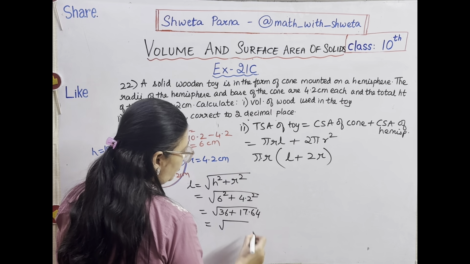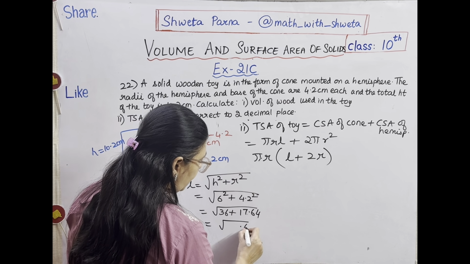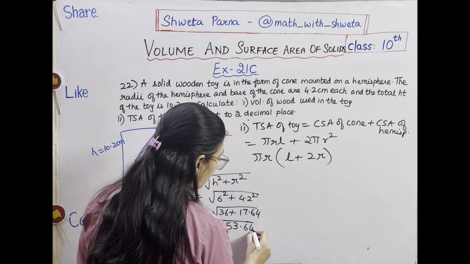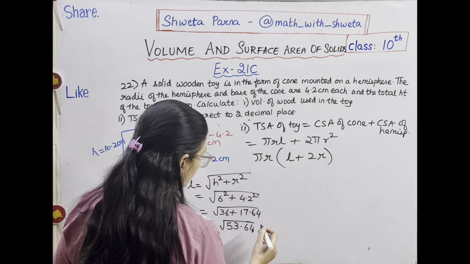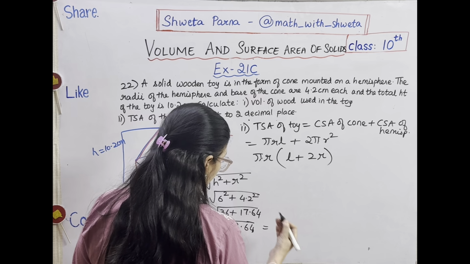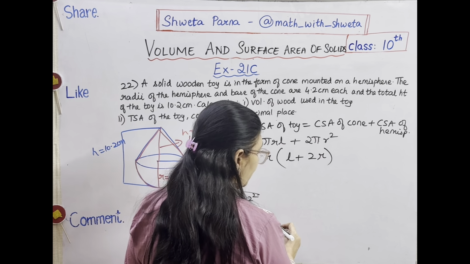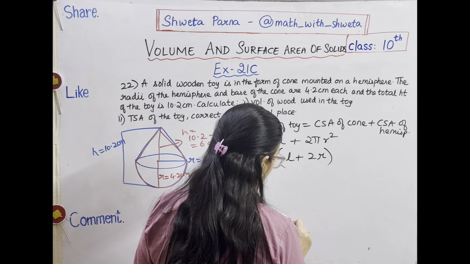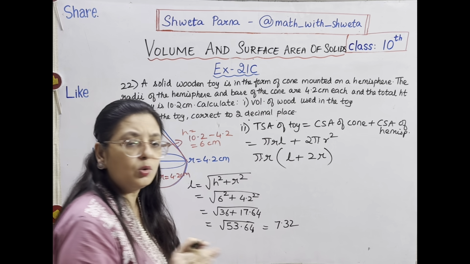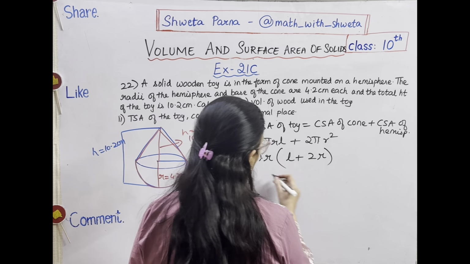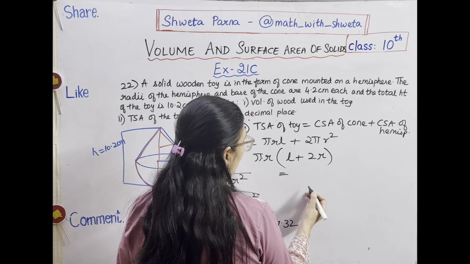So square root of 53.64, which is approximately, using the long division method, you will get approximately 7.32. I am just taking up to 2 decimal places. Okay, 7.32 centimeter.